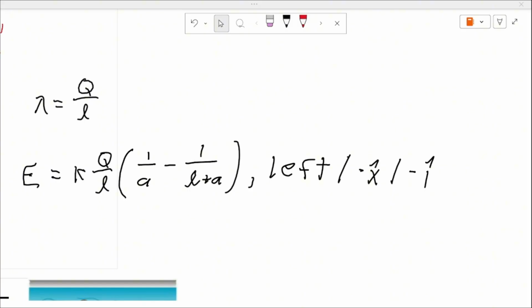As a final conceptual note, we see that if a becomes larger, that's the distance between the origin and the start of the rod, the denominator in the fraction grows larger, and E becomes smaller.